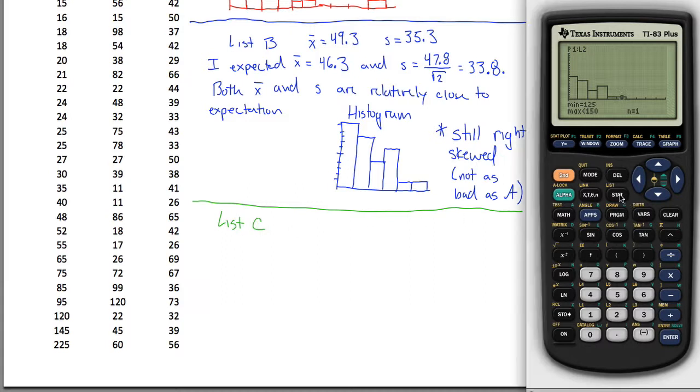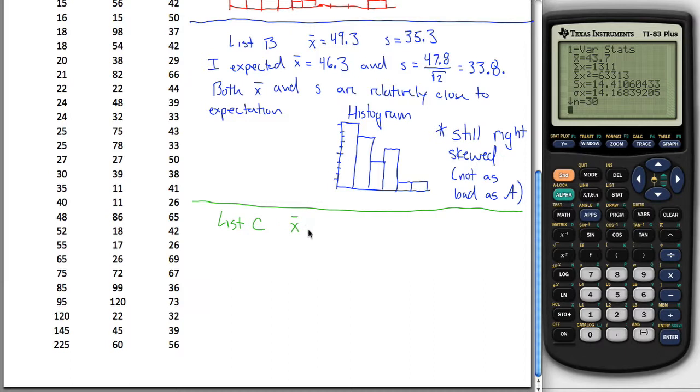Repeat those same steps. Stat, calc, one variable statistics, L3. Get X bar equal to 43.7, and my standard deviation is equal to 14.4. I expected the average in list C to be the same as the average in list A, which was 46.3.